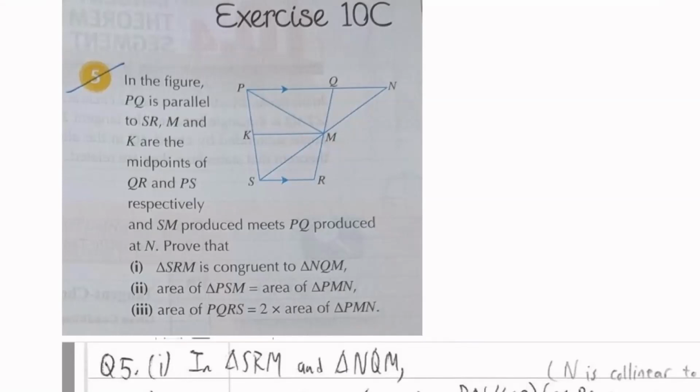SM is then produced, extended so that S, M and N are all along the same straight line. It meets the line segment PQ produced at N. What does that mean? It means PQ produced and SM produced meet together at the point N. Okay, good. Now, part 1, prove that triangle SRM is congruent to NQM.